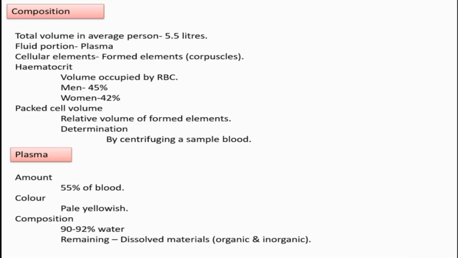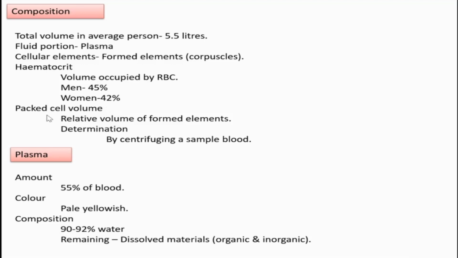If a given volume of blood is there, the volume of RBC in that particular quantity is called hematocrit. The percentage of the total blood volume that is occupied by the red blood cells is called hematocrit value, and that value in men is 45% and in women is 42%.